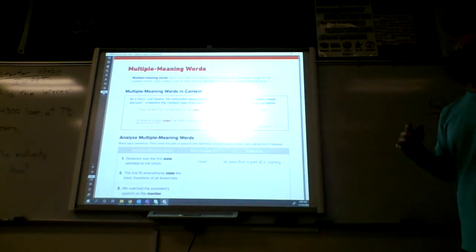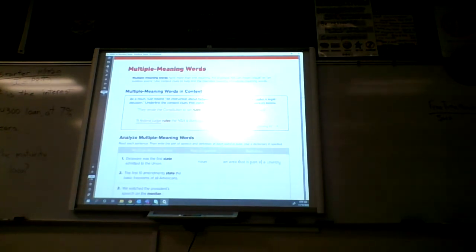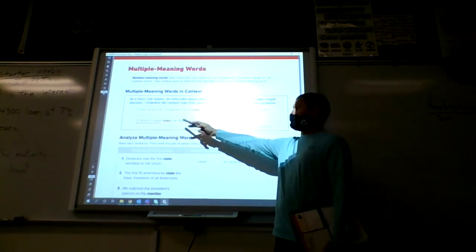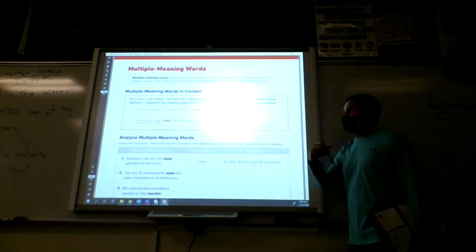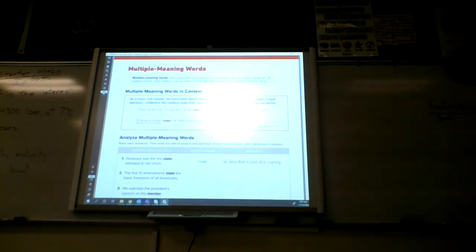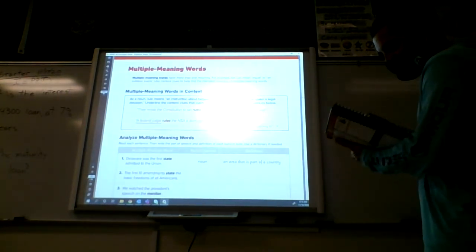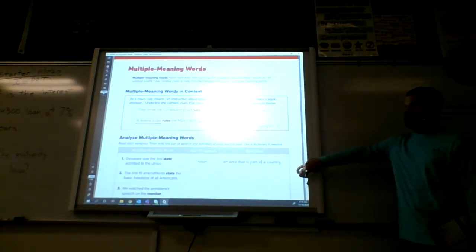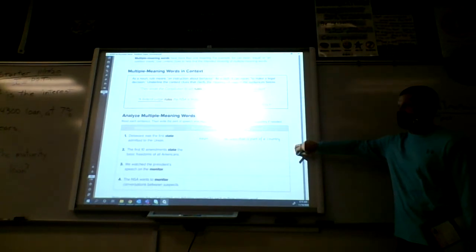It's like a law, right? And then the second sentence says a federal judge rules that the NSA is likely violating the Fourth Amendment. In this case, it is a legal decision because they're making a ruling, right? They're in the courtroom like, I rule that this is going to happen, banging the gavel. Does that make sense? It depends on how we read it, depends on how it is defined.